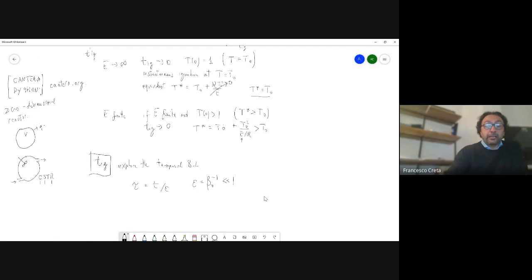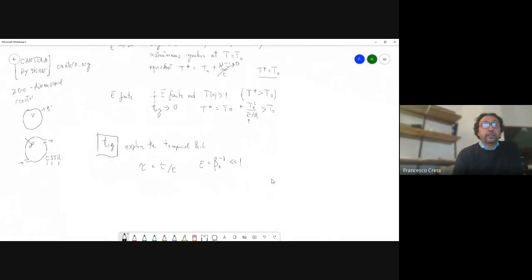Why are we writing this in this form? Because if we now rewrite the system in terms of this particular stretched time, we have this sort of situation where you have the small parameter epsilon, and then the same kind of form for the system.